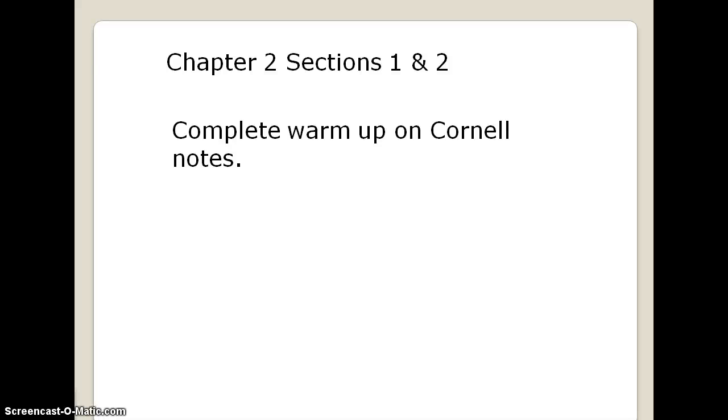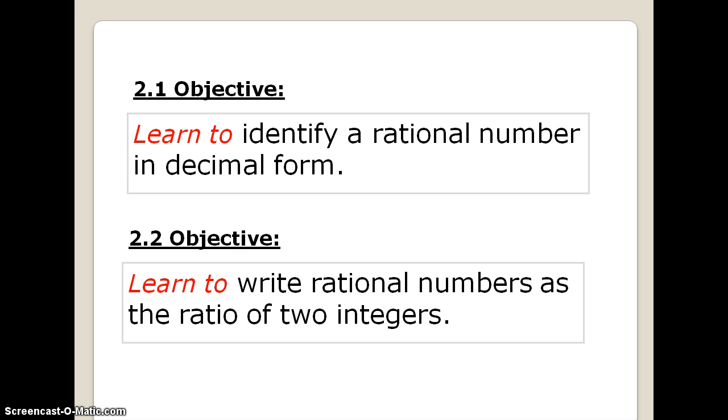Welcome to Chapter 2. Today we're going to talk about Sections 1 and 2. (2.1) Objective: learn to identify a rational number in decimal form. 2.2 Objective: learn to write rational numbers as the ratio of two integers.